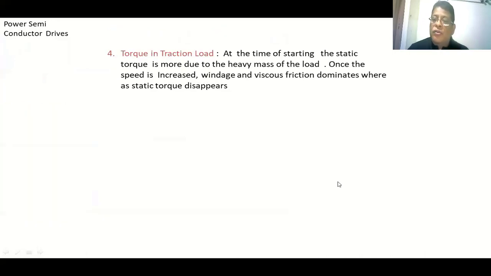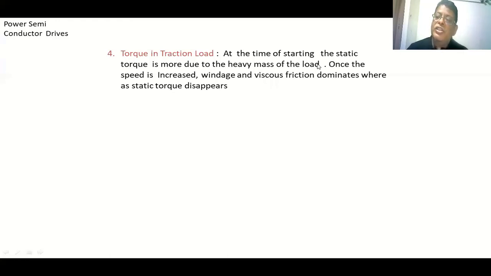When speed is zero, there is some amount of torque present. Torque in a traction load: at the time of starting, the static torque is more due to the heavy mass of the load. Suppose a train is starting from a station; the mass of the total train is very high. At the time of starting, to move that high mass body, a high amount of static torque is needed.